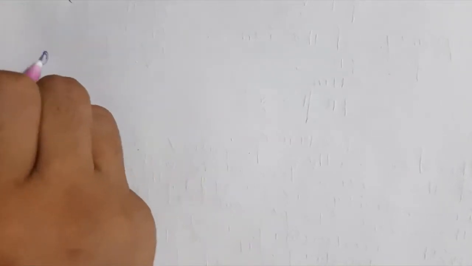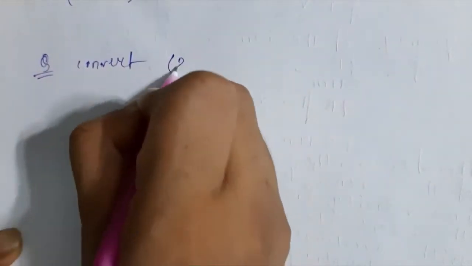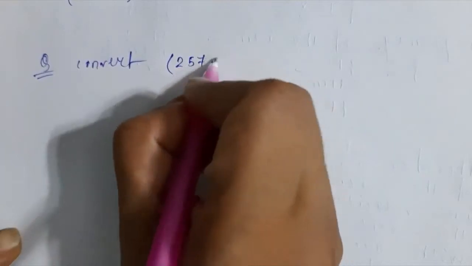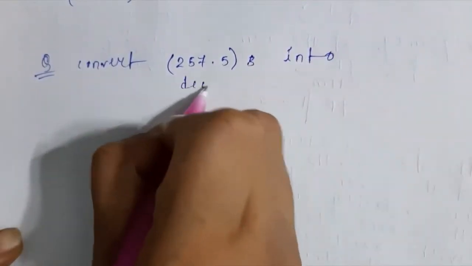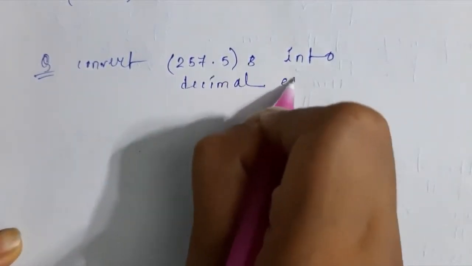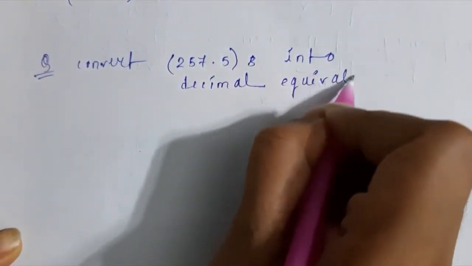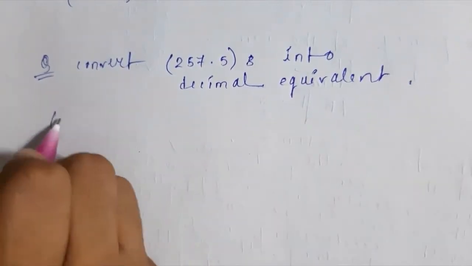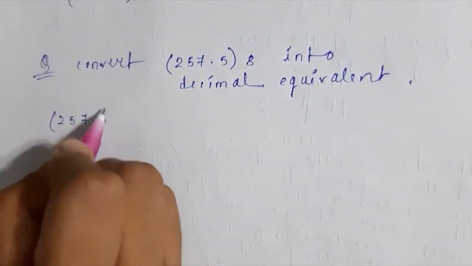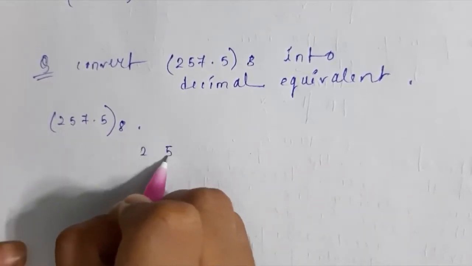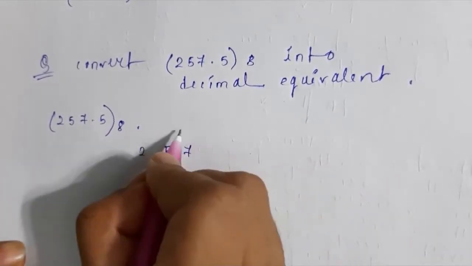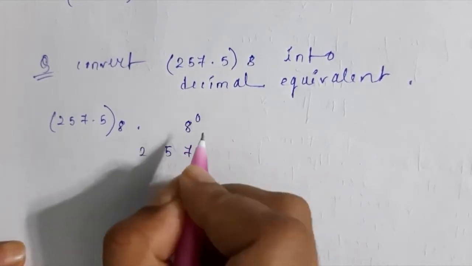Now we will do one more example, where we will convert this into its decimal equivalent. Over here, 257 can be written with 8 to the power 0.